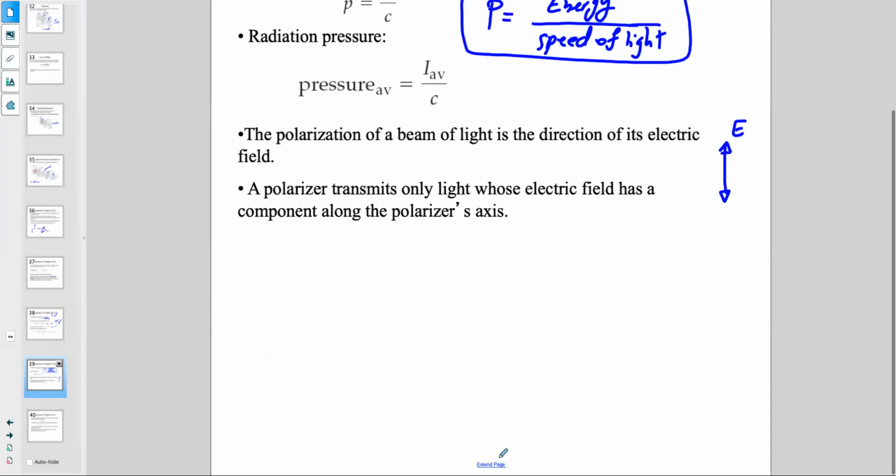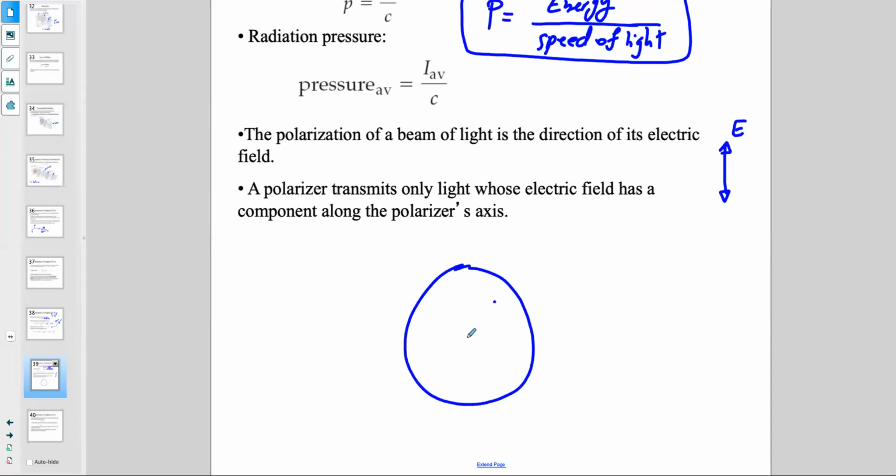So if you have a polarizer placed in this direction and a beam of light going through, this polarizer will only let the light through if it has the E field along the polarizer axis.